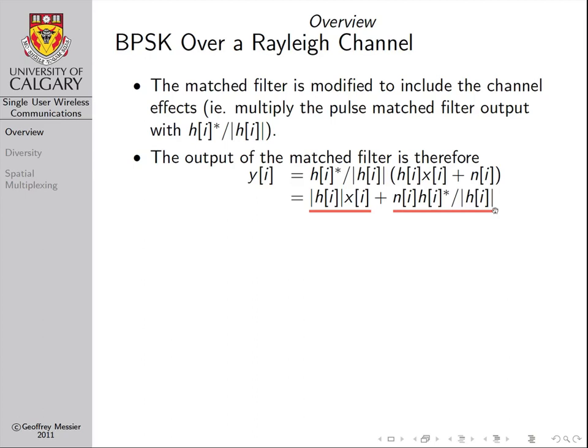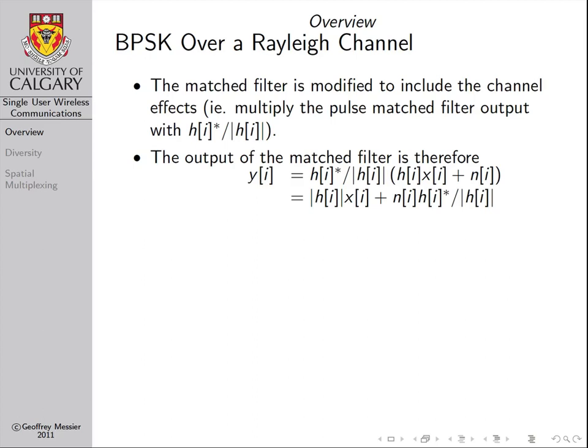Now, one important thing to point out here is that thanks to this normalization, we haven't changed the variance of the noise at all. So the noise variance remains exactly the same. We multiply by h, but we also divide by its magnitude. So if you calculate the variance of n, the normalization cancels out the effect of the scaling by the complex conjugate of h.